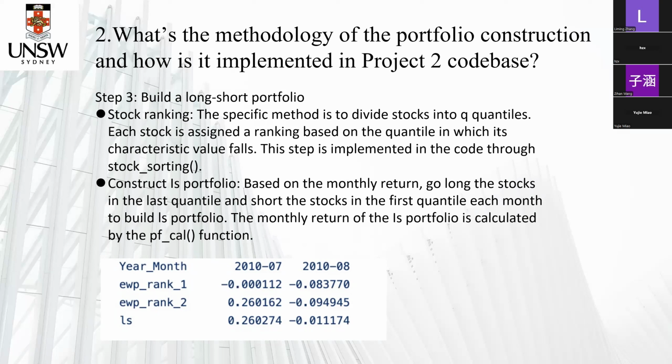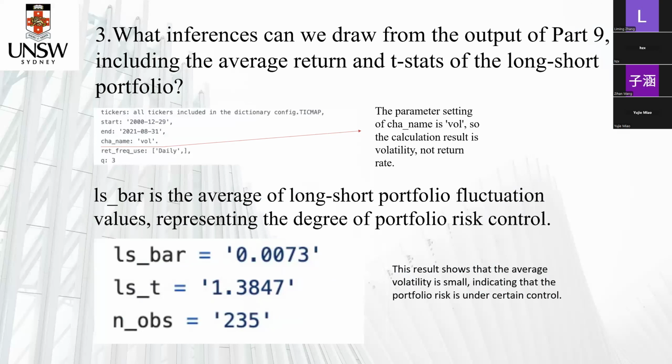This step is implemented in the code through stock sorting. Construct LS portfolio: based on the monthly return, go long the stock in the last quantile and short the stock in the first quantile each month. To build an LS portfolio, the monthly return of the LS portfolio is calculated by the pf_cal function.